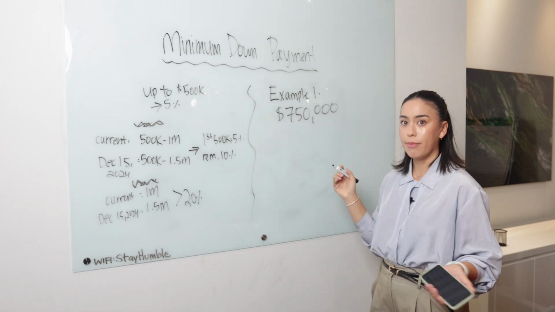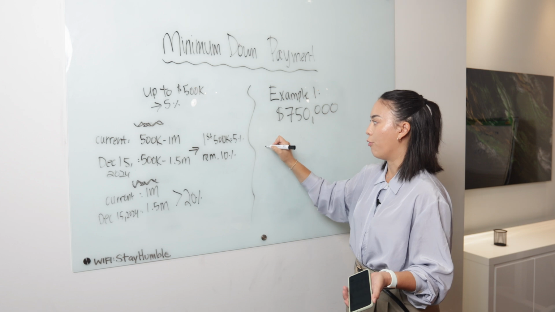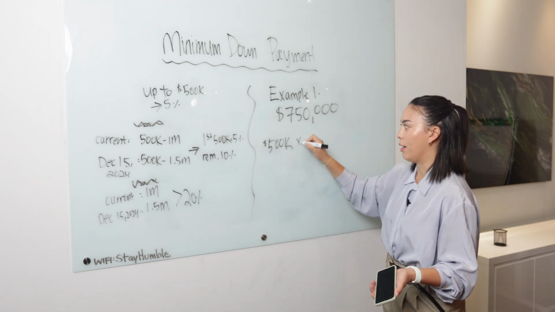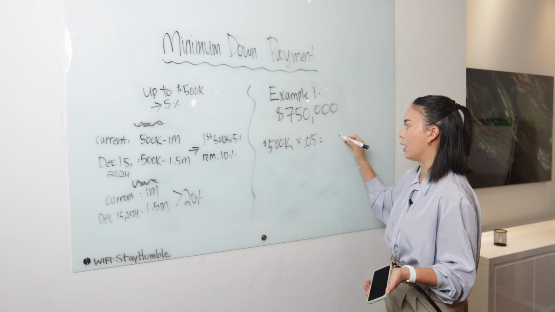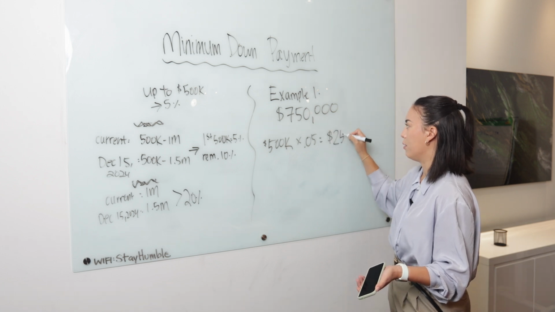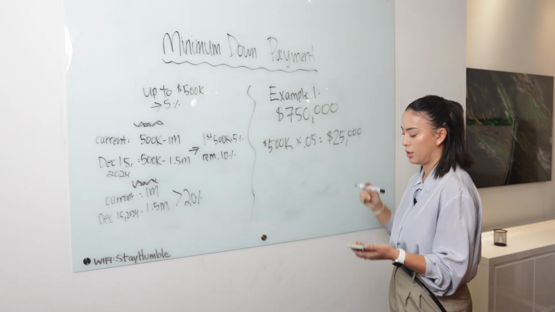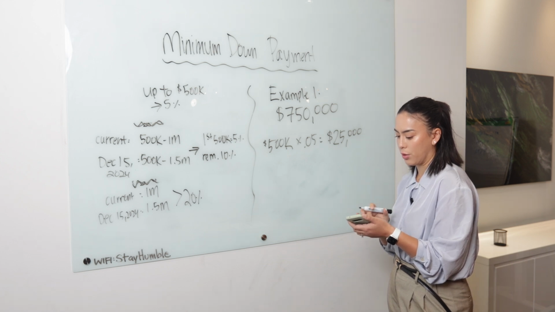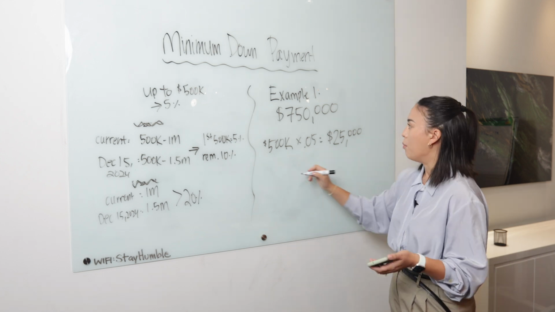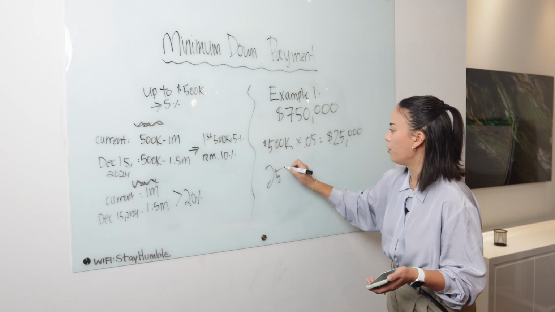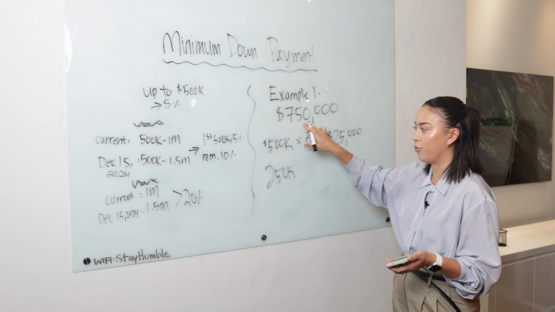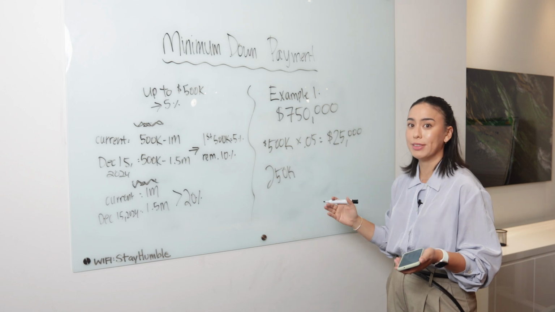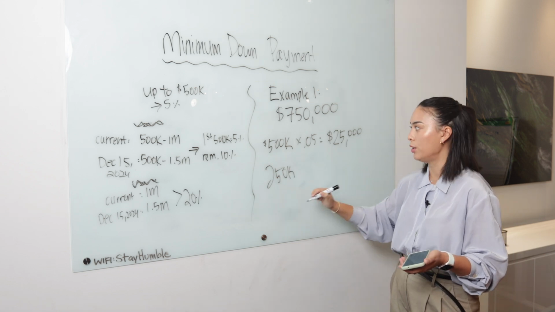So let's say that we are working off of a $750,000 number. What do we do? We take that first $500K and multiply it by that 5% again, so that comes out to $25,000. And then we are going to take the other portion, so 750 minus 500,000. That means the remaining amount that we have to calculate is $250,000.